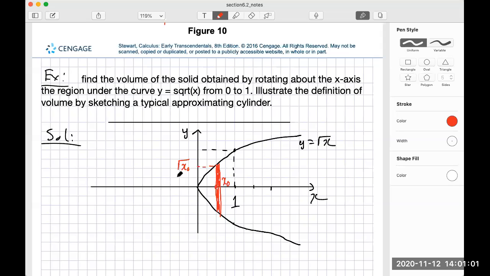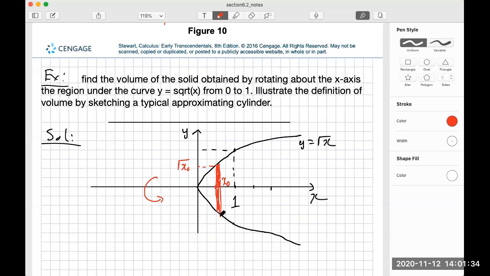If it rotate about x-axis, then according to the application of integral, if we take the integral of this area here, this line, the area here, if we rotate it about the x-axis, it will give us the area of this red area, right?